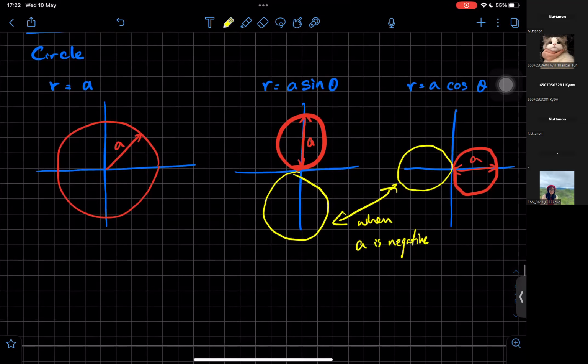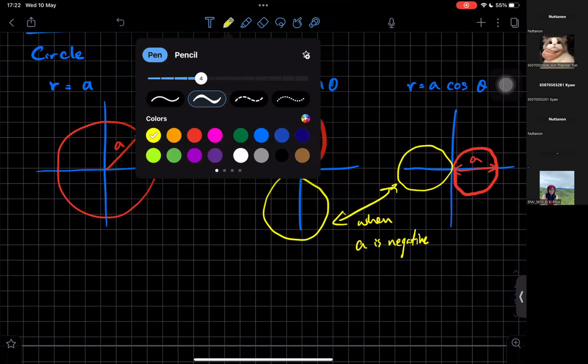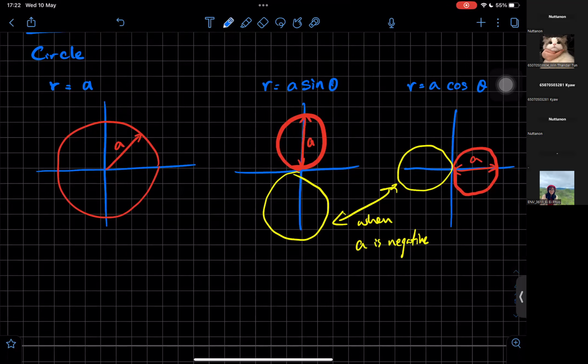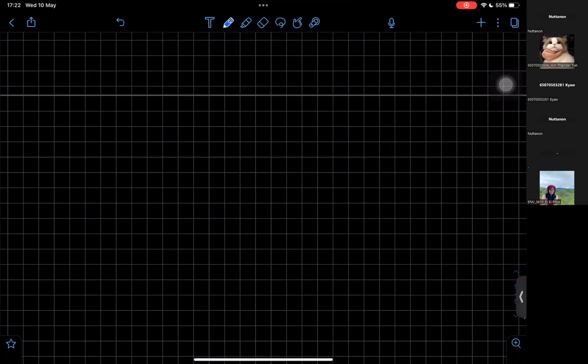The next one that we're going to talk about is called the cardioid. The cardioid is the heart shape. So it's r equal to a plus a cos theta and r equal to a plus a sin theta.